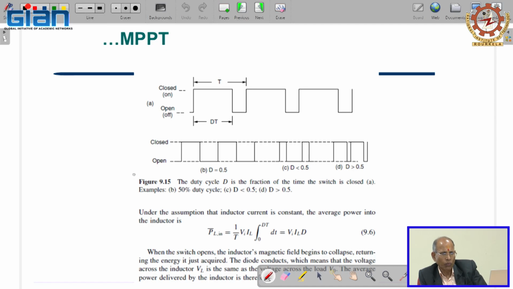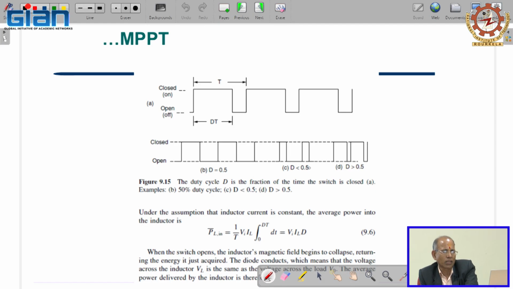Okay, so here I'm not going into too much detail. As you can see, here D is 0.5: half of the time the switch is on, half of the time the switch is off.